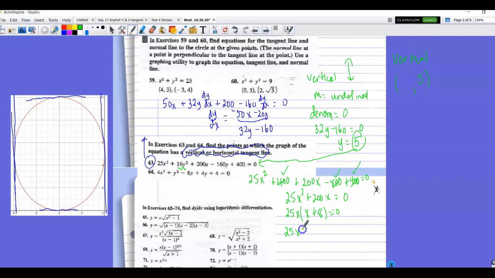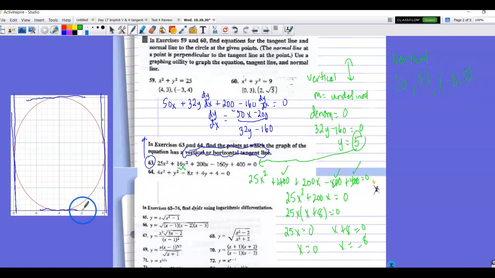Set each factor equal to 0 by the zero product property, and x is equal to 0, or x is equal to negative 8. So I have a vertical tangent at (0, 5), and a vertical tangent at (negative 8, 5).